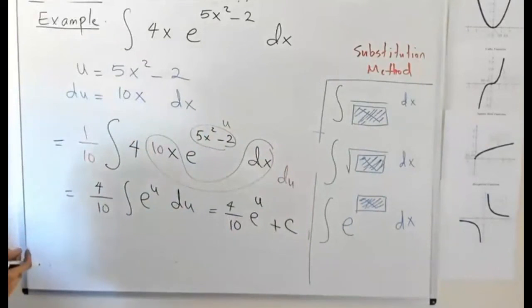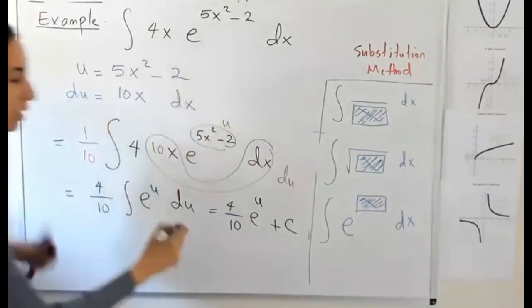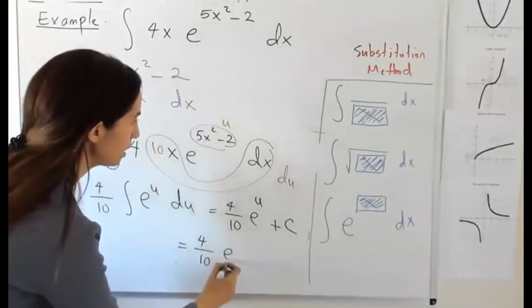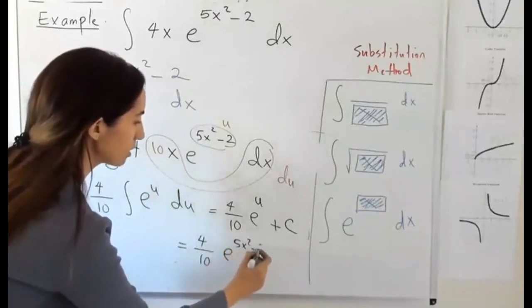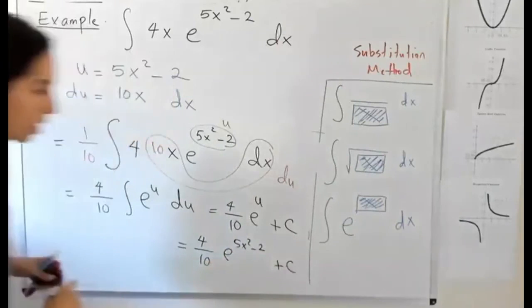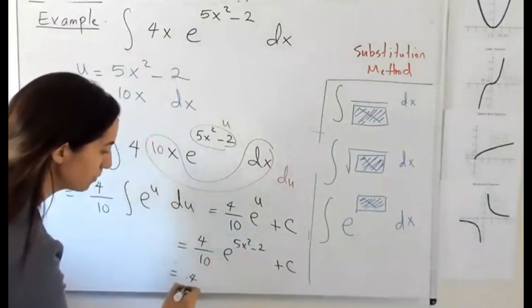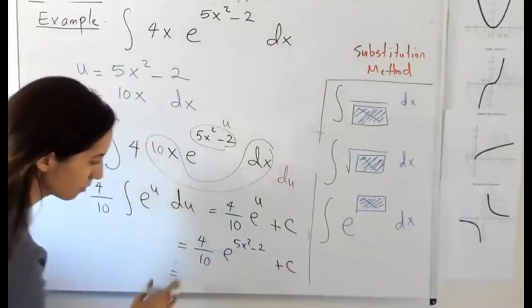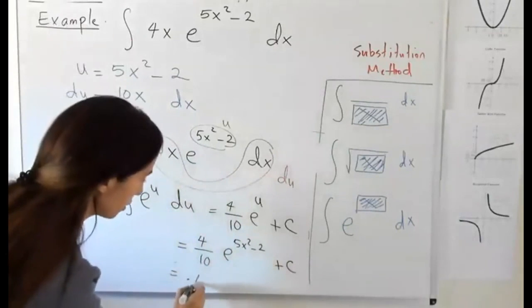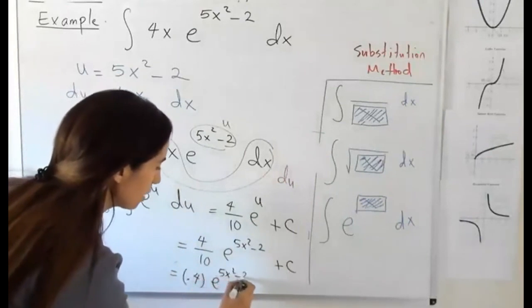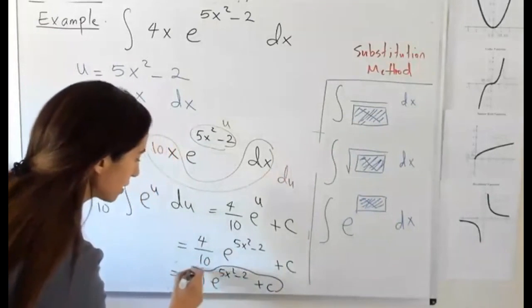But what is u? u is 5x squared minus 2. So I get 4 over 10 e raised to 5x squared minus 2 plus constant of integration. We can rewrite this as 0.4 e raised to 5x squared minus 2 plus constant of integration.